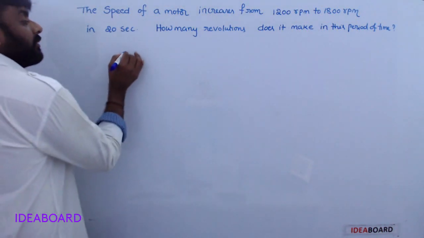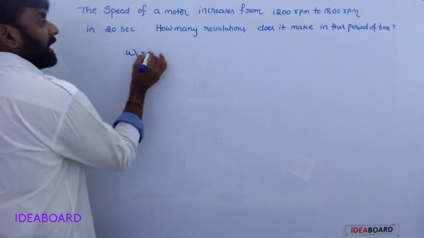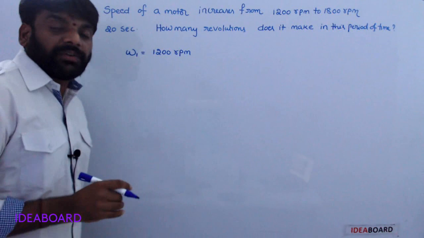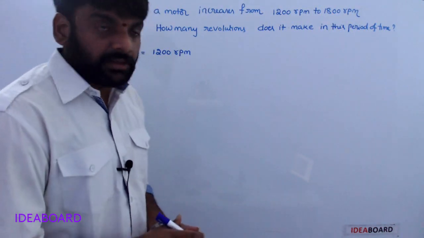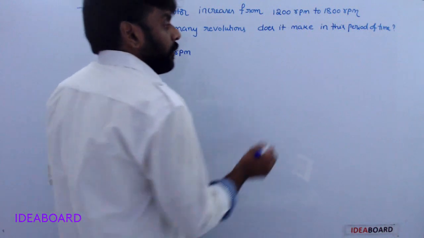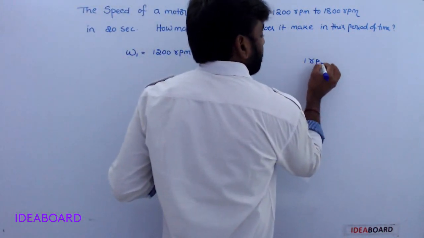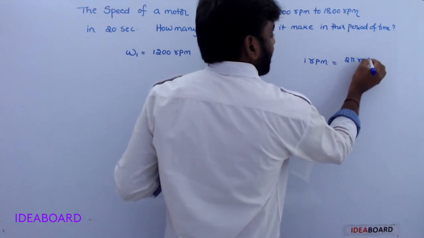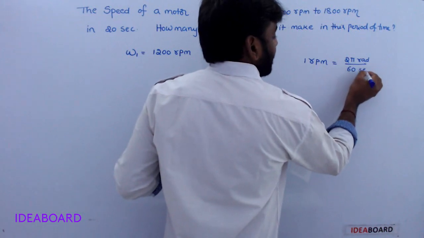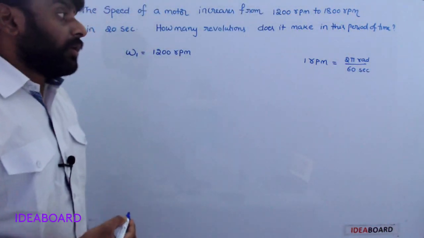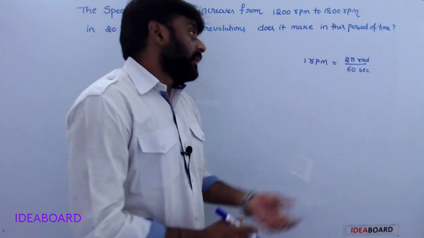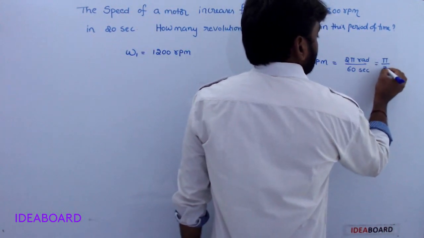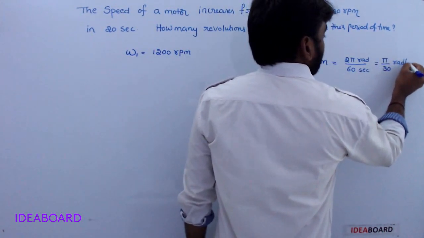First of all, omega 1 is 1200 rotations per minute, but the unit of angular velocity is radian per second, so convert. 1 rotation means 2 pi radians, per minute means 60 seconds. So 1 rotation per minute is 2 pi by 60, that means pi by 30 radian per second.